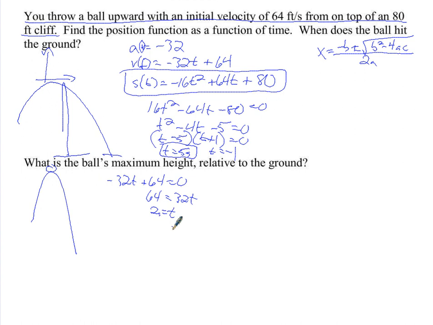Now you plug it back into the position function to find out what that height was. So s of 2 equals negative 16 times 2 squared plus 64 times 2 plus 80.